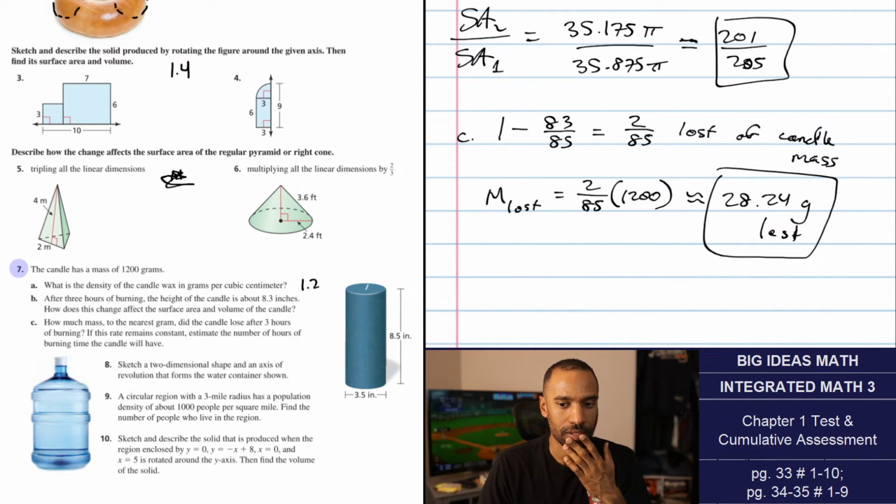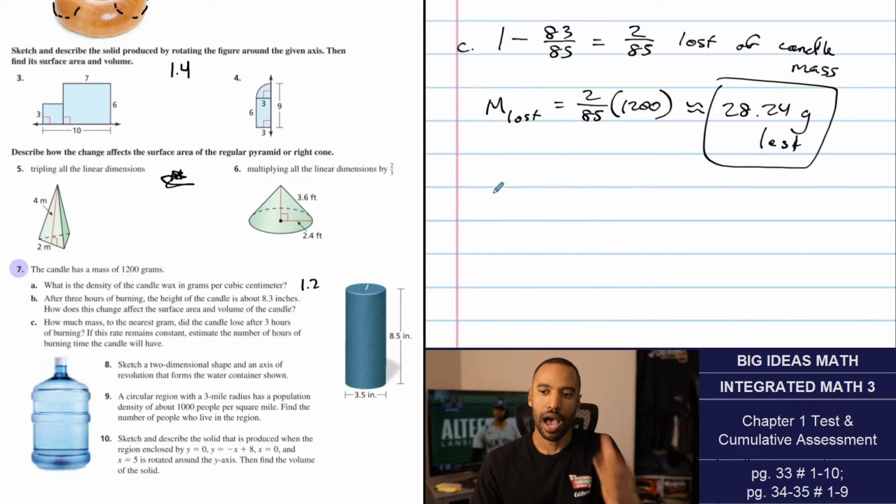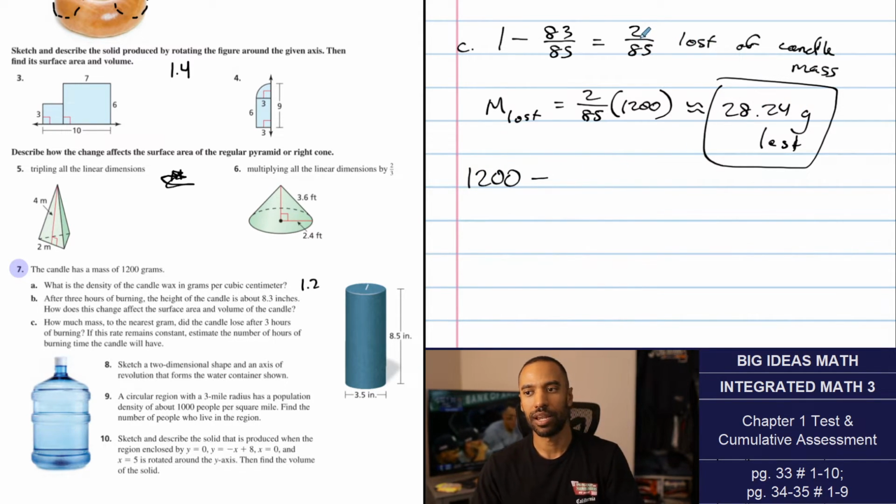Then they ask, if the rate remains constant, estimate the number of hours of burning time the candle will have. So here's the thing. I'm doing 1200 minus, now I got this number here, but let's do the exact 2/85ths of 1200.